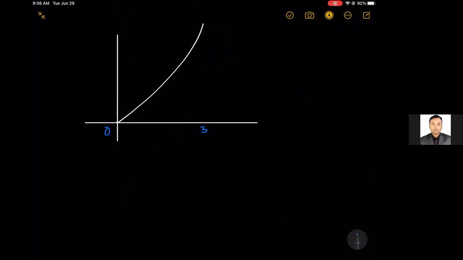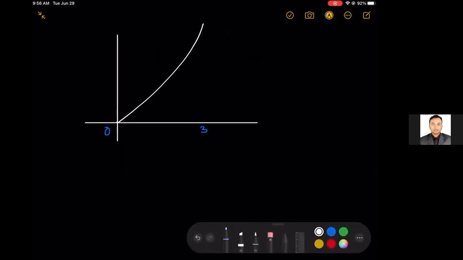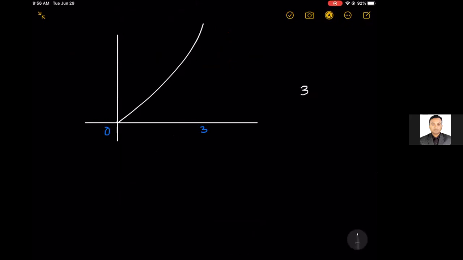So the first job is to find the length of those intervals. Since we are dividing into 3 parts, the length of each of those intervals will be 1. Now, the question would be whether we're trying to find the left sum, right sum, or the midpoint sum.